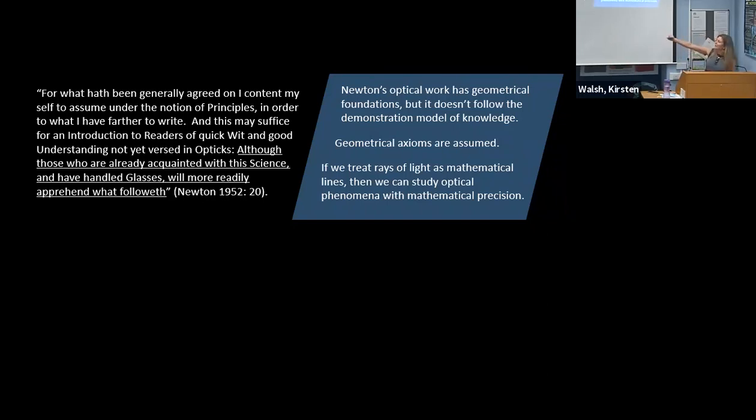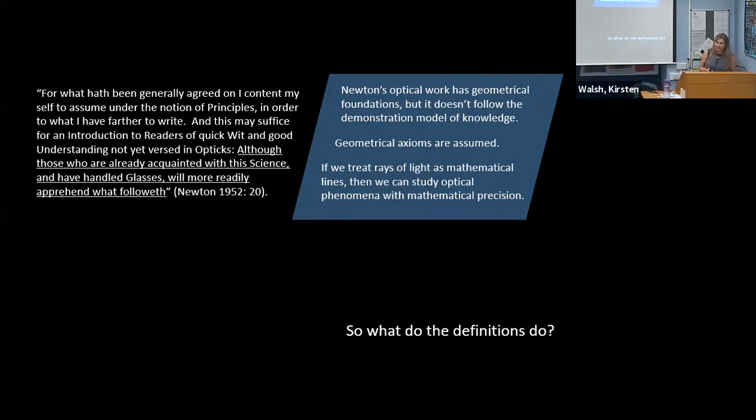But what's going to be important is having done optical experiments yourself, having handled the glasses, having done the work. That's going to allow you to easily apprehend what follows, as he puts it. It's what's going to, in my terminology, compel you to assent to his conclusions.